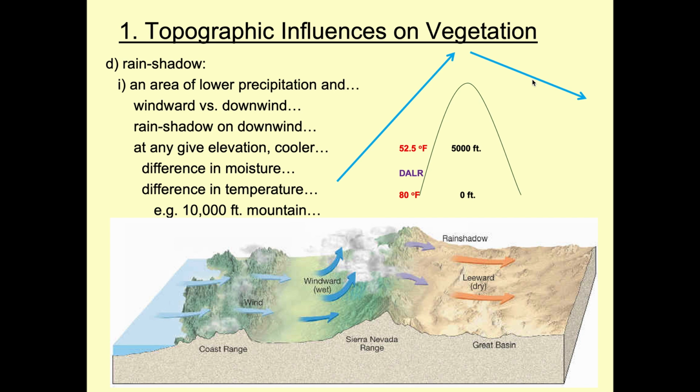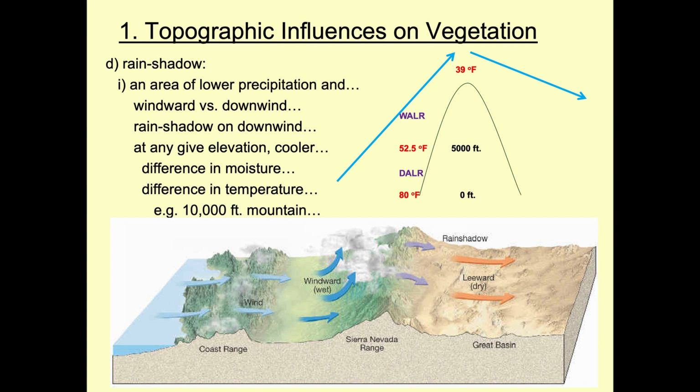Now, for the next 5,000 feet, it's going to rise at the wet adiabatic lapse rate. And if you remember, the wet adiabatic lapse rate decreases by 2.7 degrees Fahrenheit for every 1,000 feet. So we take this into account.